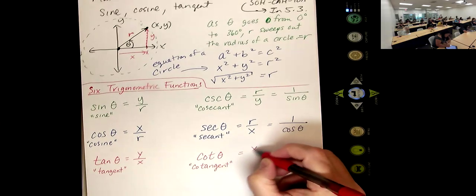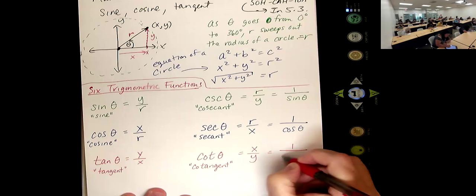And that is x over y, or 1 over tangent theta.